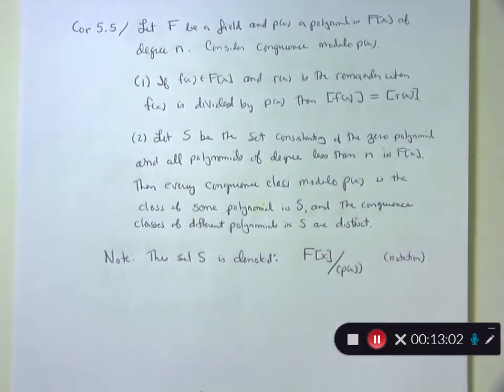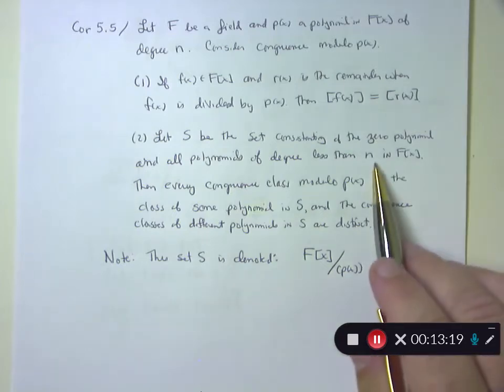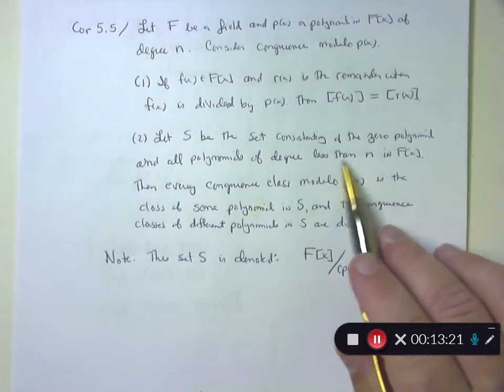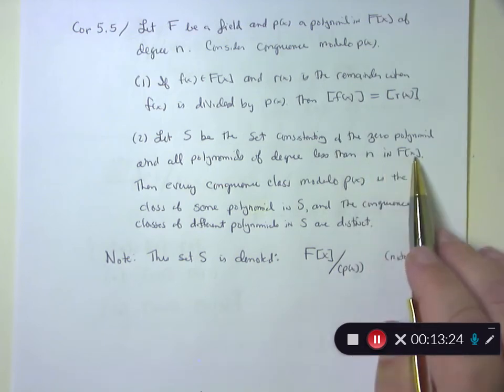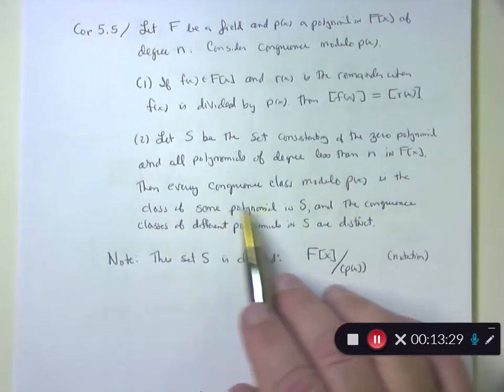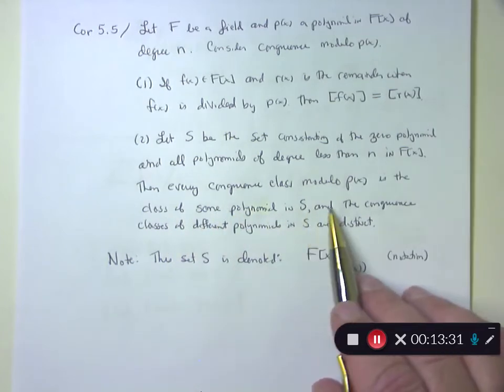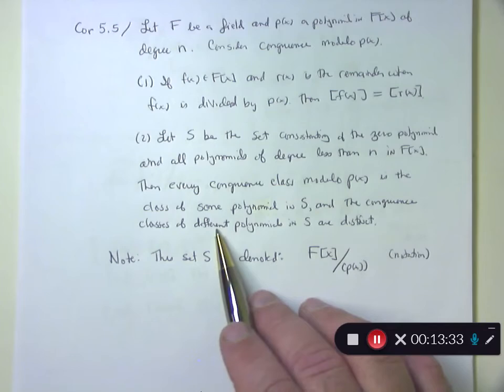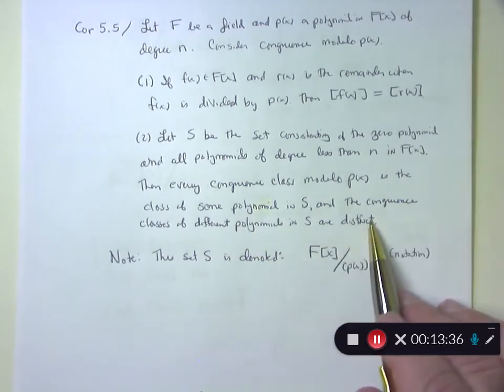So here it is. This is part 2 of corollary 5.5, what Dr. Hungerford stated. Let S be the set consisting of the zero polynomial and all polynomials of degree less than n in F adjoined x. So remember, p of x has degree n. So any polynomial of degree less than n in F adjoined x. Every congruence class modulo p of x is the class of some polynomial s in S, and the congruence classes of different polynomials in S are distinct.